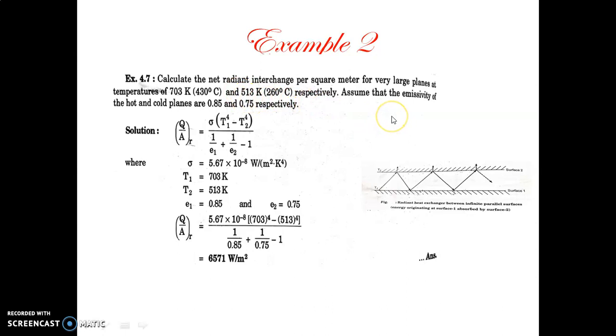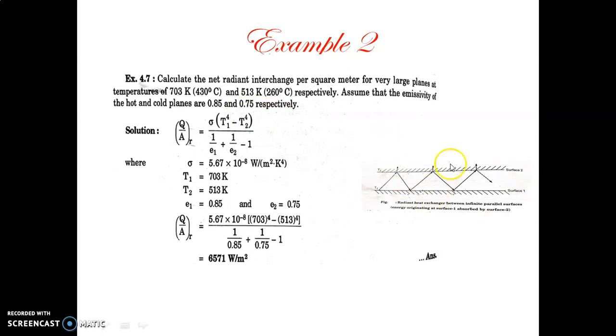The emissivity of the hot plane, which we assumed is at temperature 703, is 0.85. The cold plane, which has temperature 513 Kelvin, has an emissivity equal to 0.75.